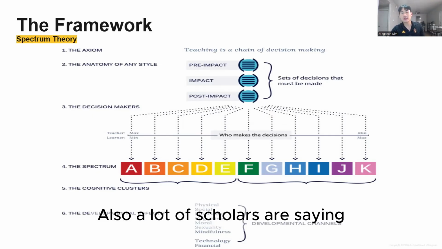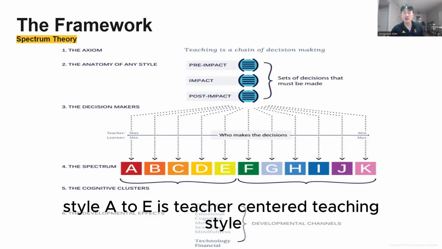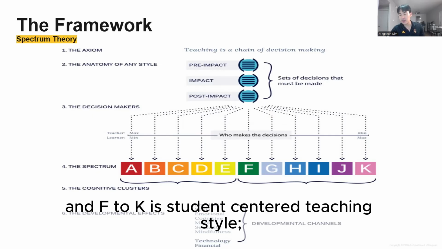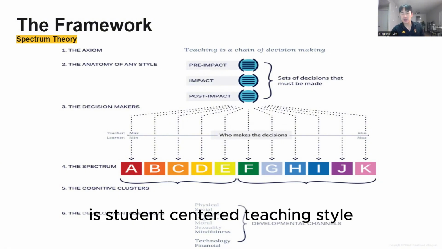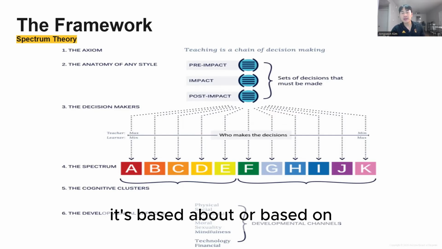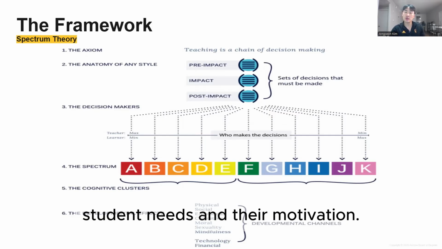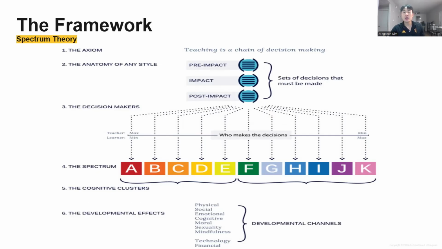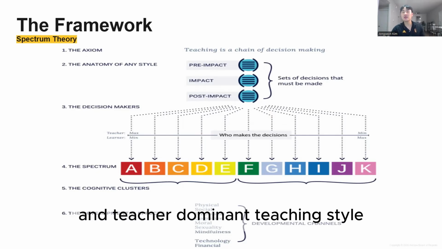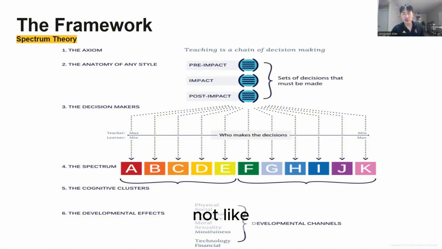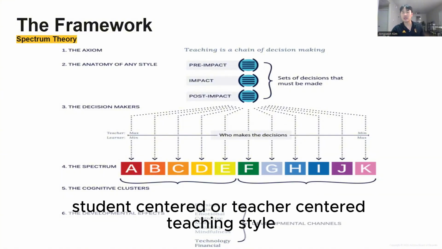A lot of scholars say A to E are teacher-centered and F to K are student-centered. However, every one of the 11 teaching styles is student-centered, because they are based on student needs and their motivation. So teaching styles A to E are teacher dominant, not student-centered or teacher-centered.